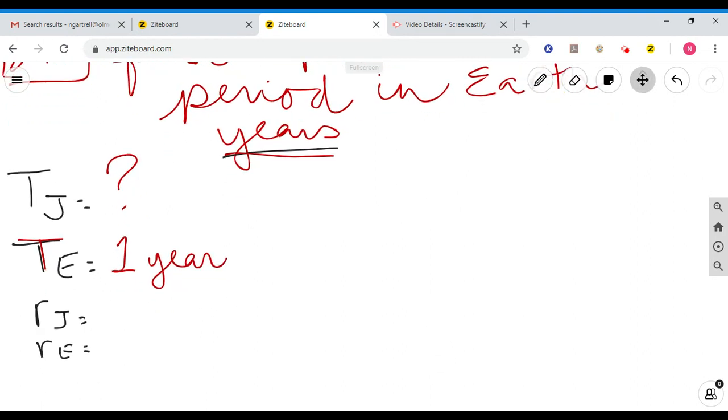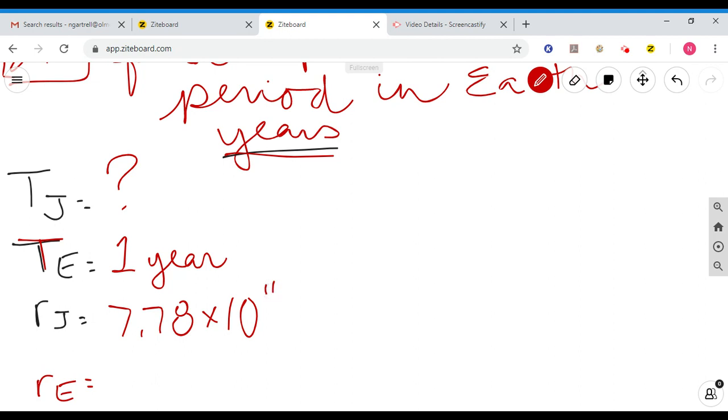All right, now these two might be a little bit harder. Remember, we're looking at the 3rd column in the book. So find the mean distance of Jupiter from that chart. The mean distance of Jupiter is 7.78 times 10 to the 11th.